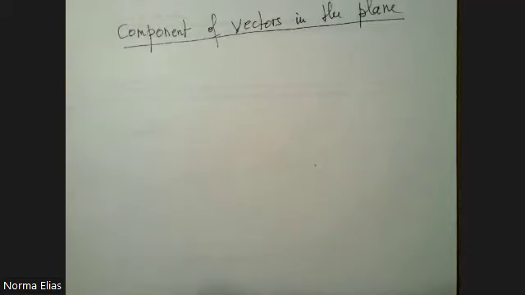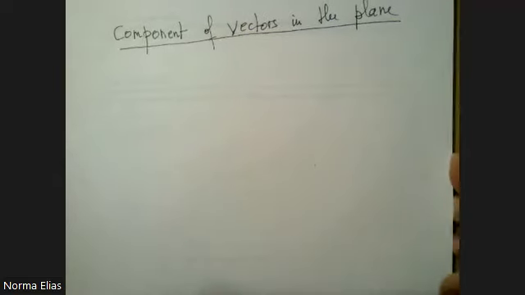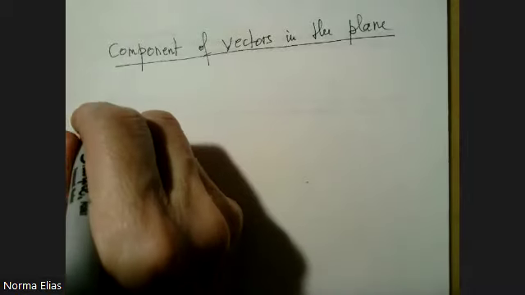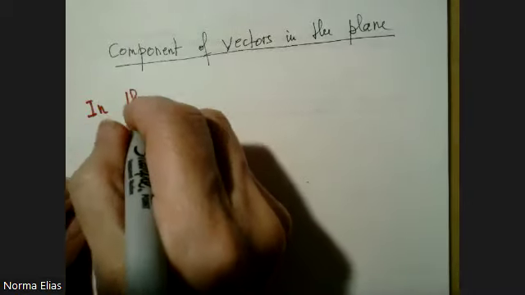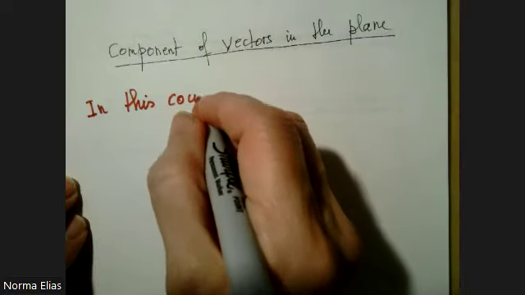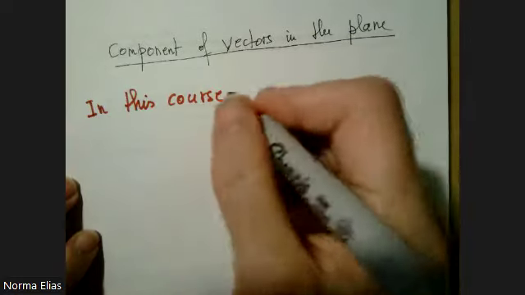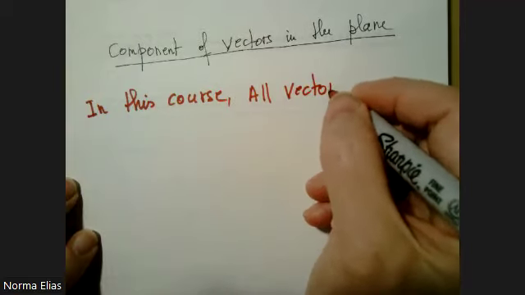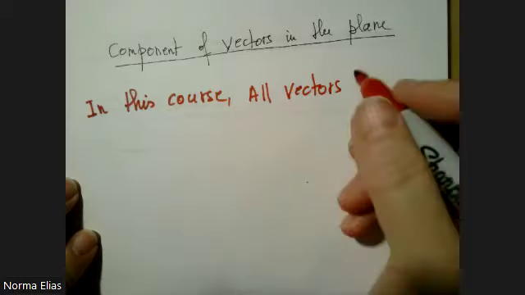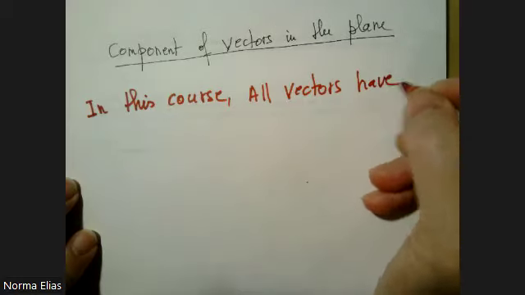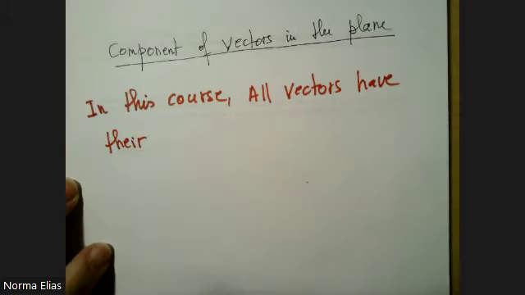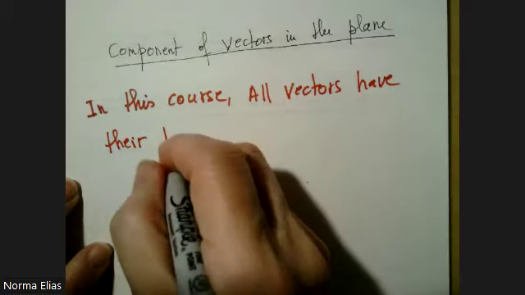In physics, your vectors naturally start any place in the plane. In this course, and that's important for us, so I'll write it in red, in linear algebra, all our vectors, whenever I draw a vector in this course, which is almost daily, will have their tail at the origin, what you guys call in 261 position vectors. So in this course, all my vectors are position vectors, with their tail at the origin.